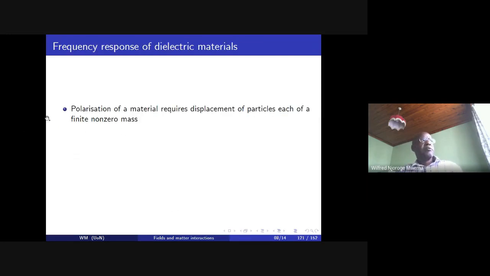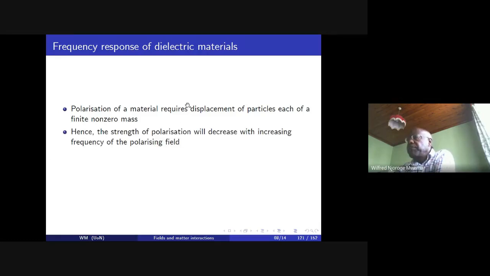So what would be the frequency response of the electric field for electric materials? The frequency response of a dielectric material will be described by the frequency response of its dielectric constant, which defines its polarization. Polarization of a material requires the displacement of particles, each with a finite non-zero mass, especially if we are dealing with a gas.